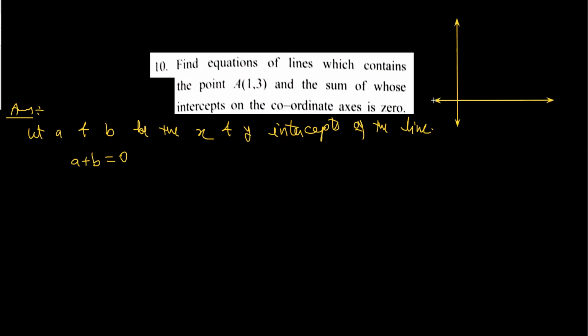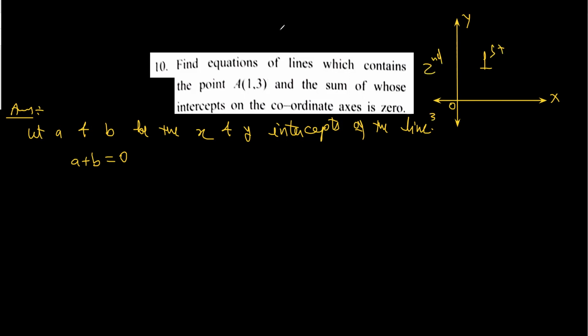This is the x-axis, the y-axis, and here you have the origin. The line is passing through (1, 3). Now you could be thinking why I draw the first quadrant so prominently and hardly bother about the second, third and fourth.